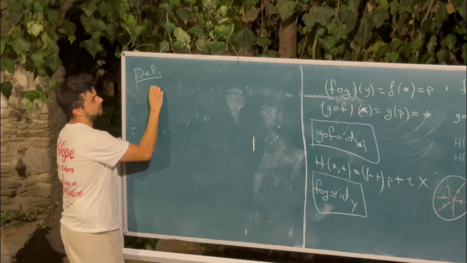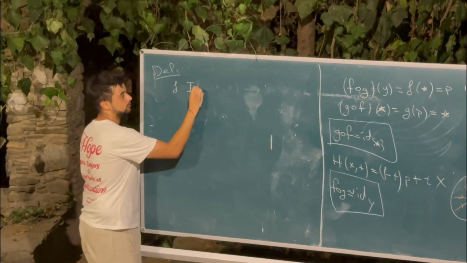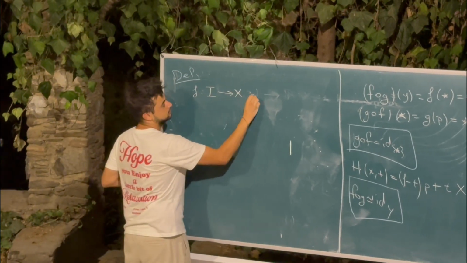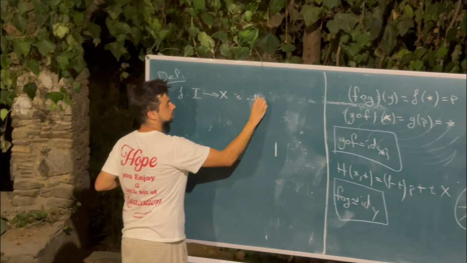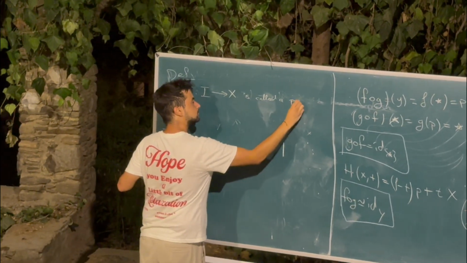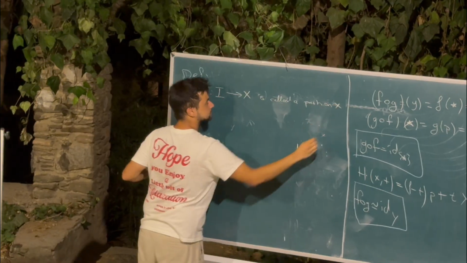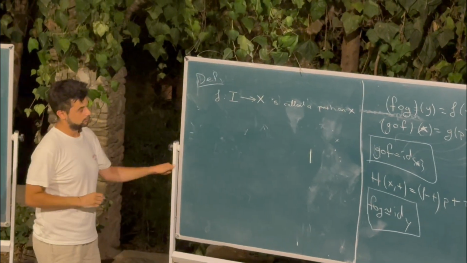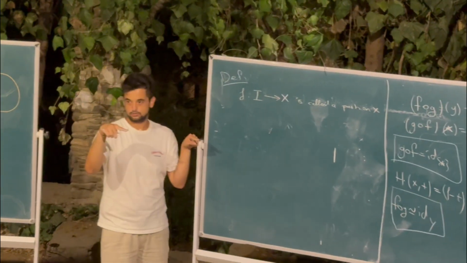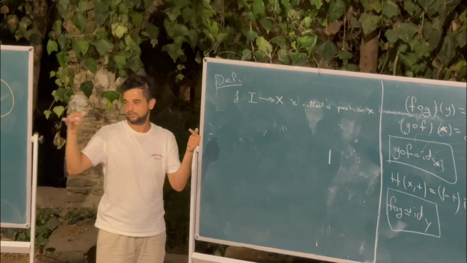First of all, if I have a map from the interval to X, it's called a path. On X? Well, because if you look at the image on X, it actually looks like a path.